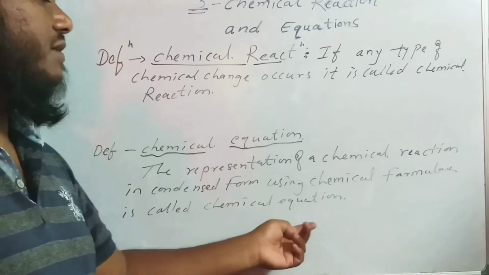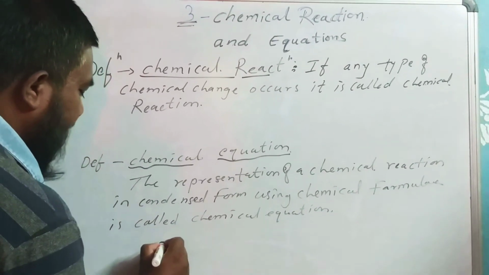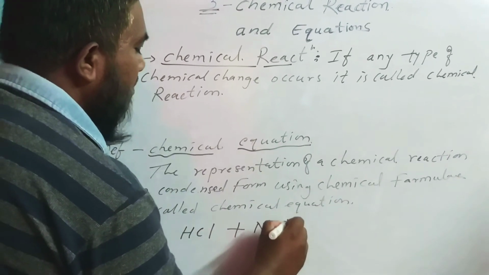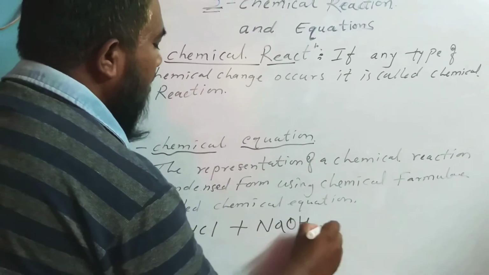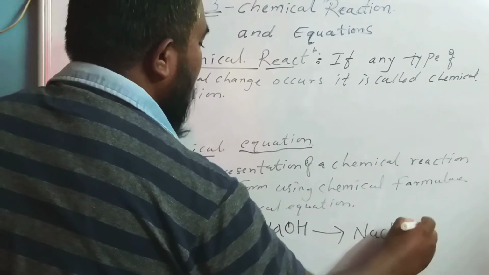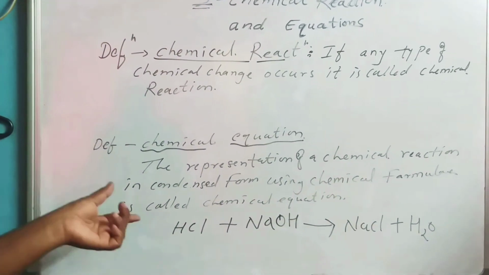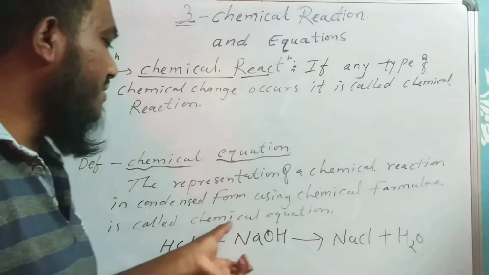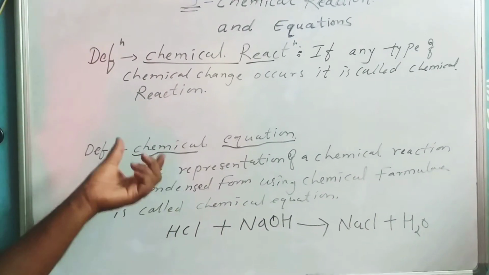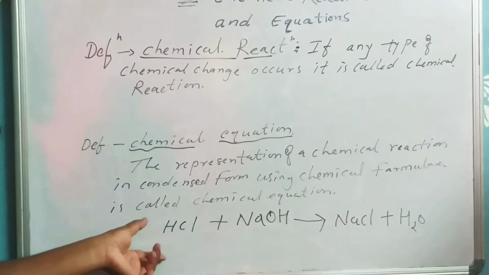For example, we can write the equation HCl plus NaOH gives NaCl plus H2O. The information is condensed in the chemical formulas, and it is written in one line.